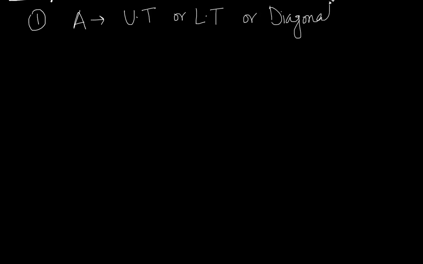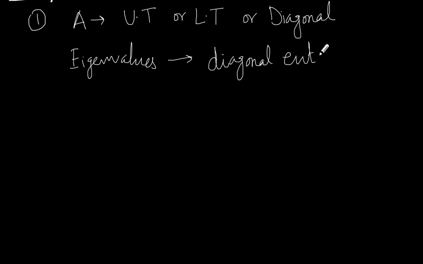Now let us discuss some properties of the eigenvalues. The first property is that if you have a matrix A which is either upper triangular or lower triangular or diagonal, then the eigenvalues for such matrices are nothing but the diagonal entries.